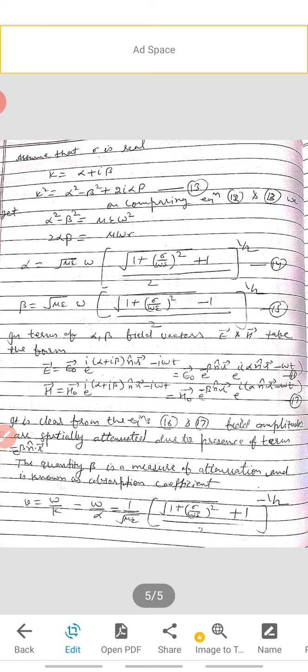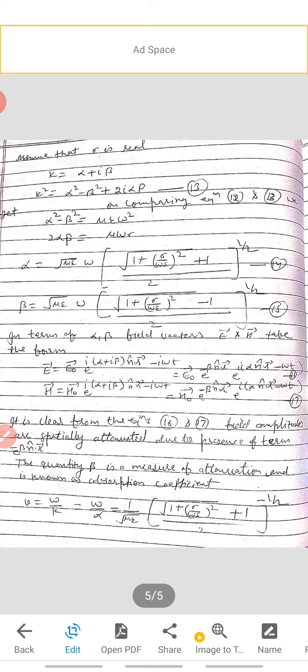Similarly, beta is equal to under root mu epsilon into omega under root of 1 plus sigma divided by omega epsilon whole square minus 1, divided by 2. These are the values of alpha and beta.